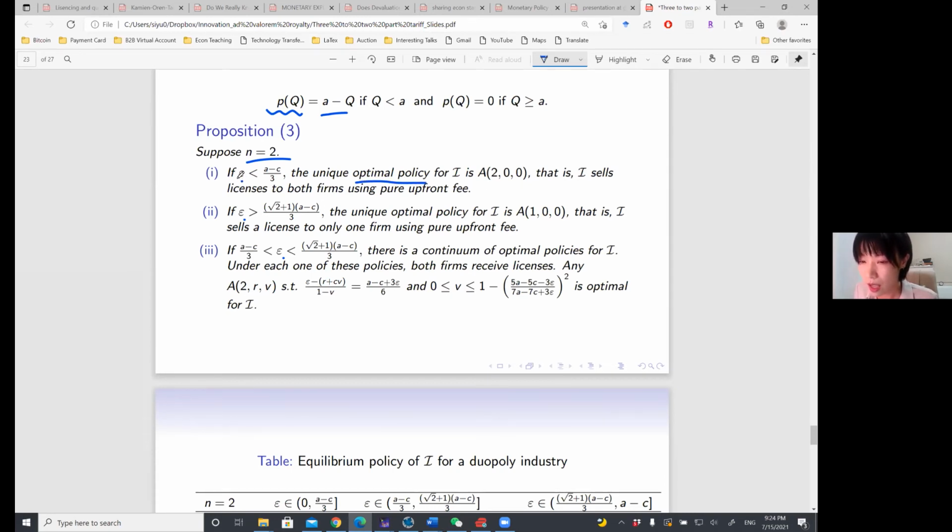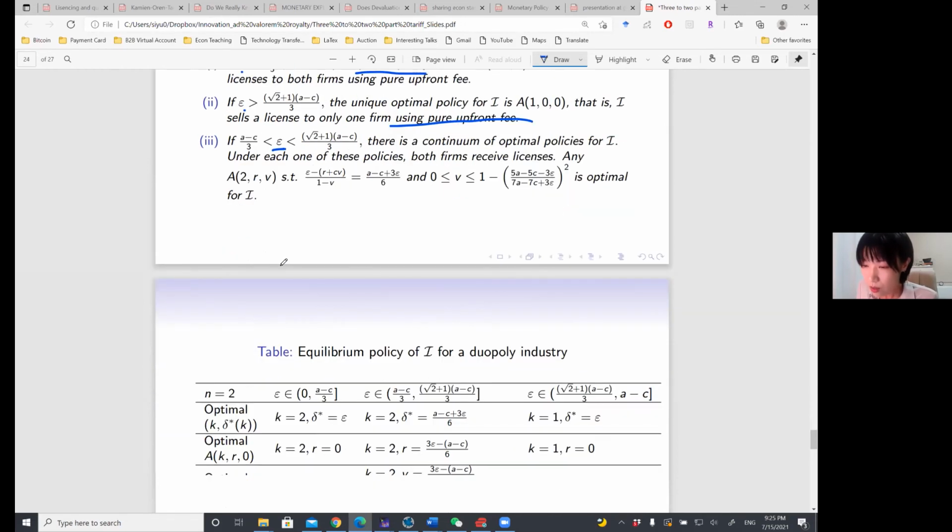So if epsilon is small, he chooses a pure upfront fee scheme. If it's large, then he sells only to 1 and uses a pure upfront fee. If epsilon is in the middle, then he sells to everyone, both of the 2 firms, and there are multiple optimum policies.